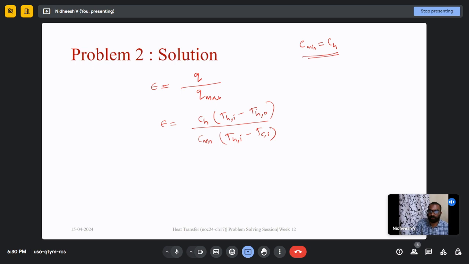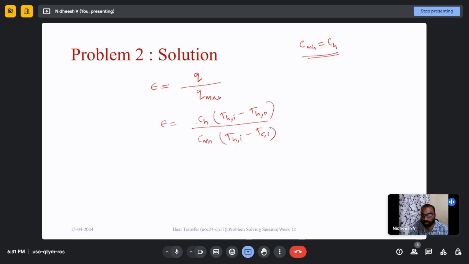Is this expression clear? If so, we can directly substitute the given values.